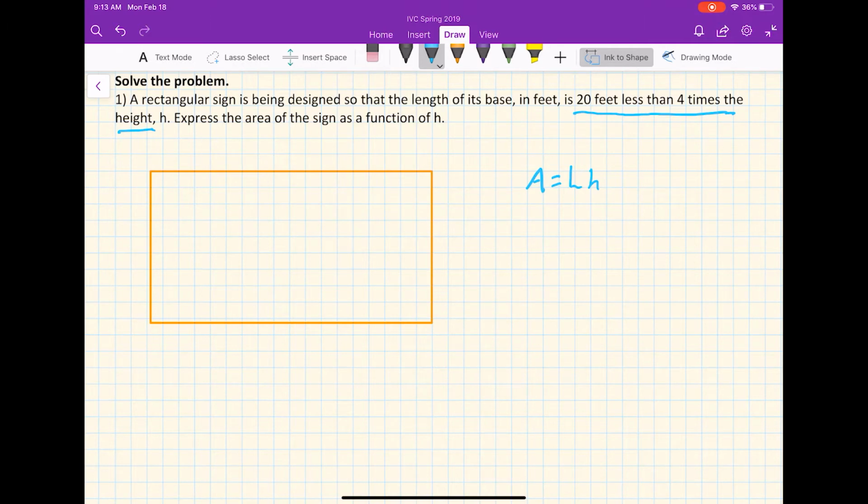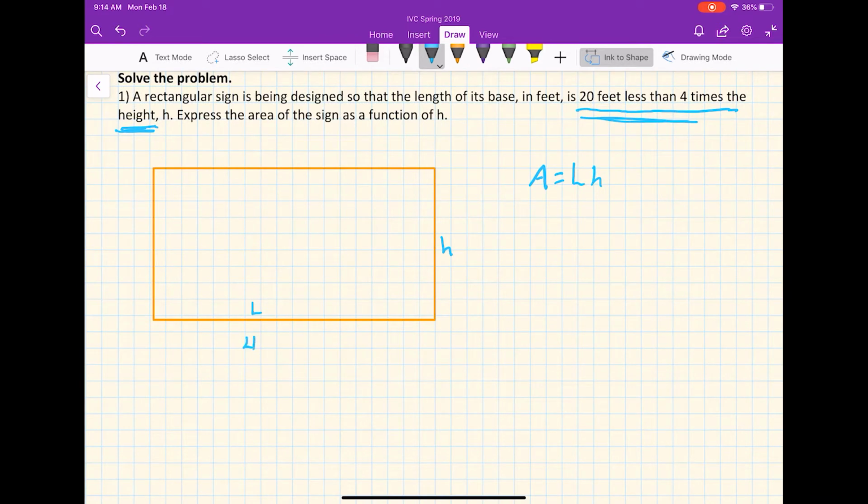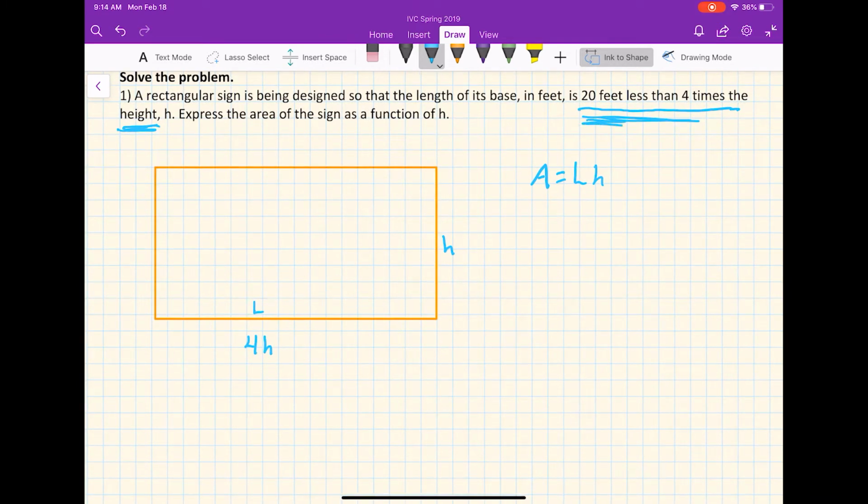Let's do capital L. The base here is really our length, and our height is this over here. We want to express this as a function of h, and they pretty much gave us all the information that we need: 20 feet less than 4 times the height. So we got 4 times h minus 20, because of the less than. That's how long our base is, or our length.